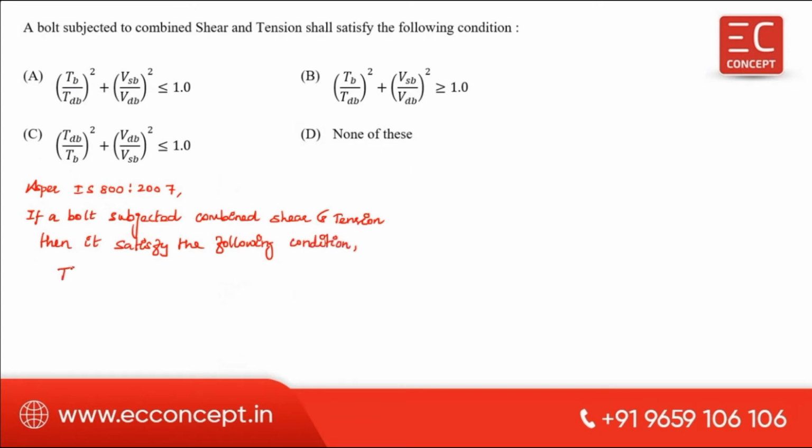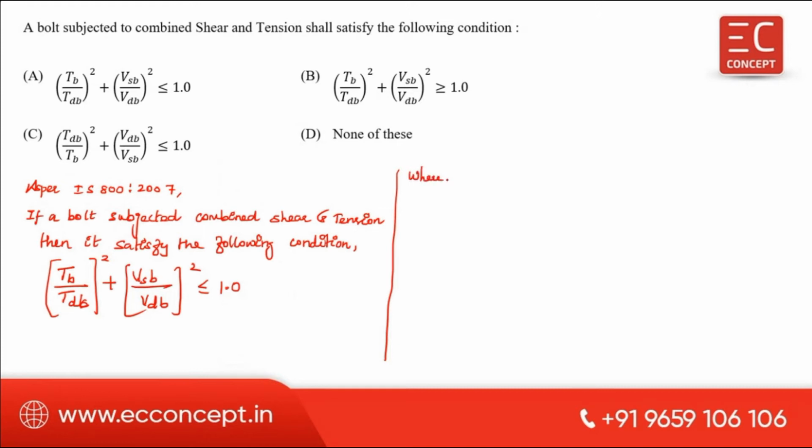What is the condition? (Tb divided by Tdb) plus (Vsb divided by Vdb), the whole square, is less than or equal to 1.0, where Tb and Vsb are the calculated tension and shear of the bolt.